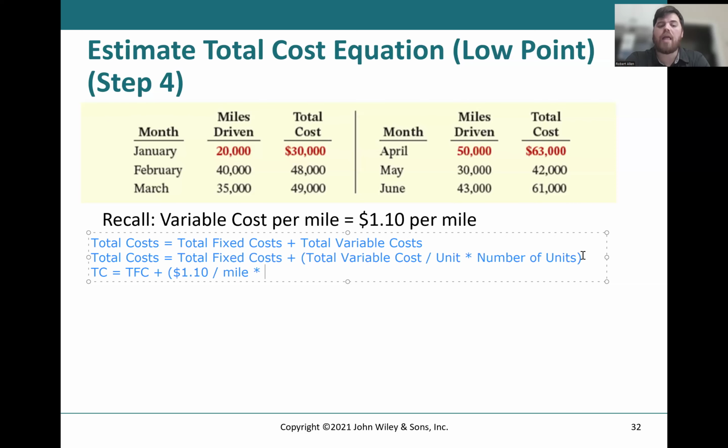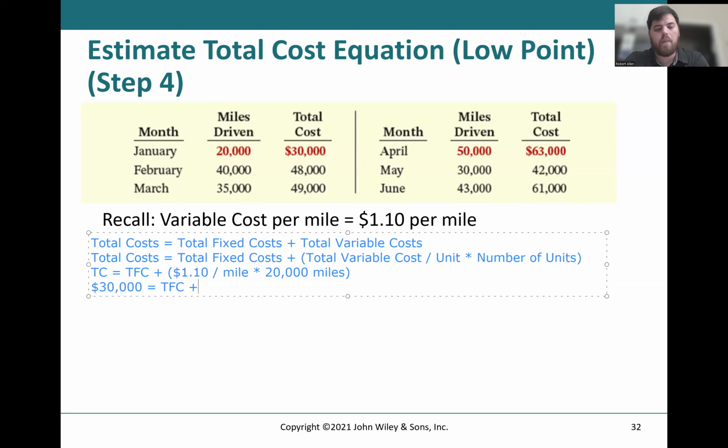times, and at the low point, we drove 20,000 miles. So in this case, I'll just plug in what I know. Well, I know total cost is equal at the low point to $30,000. So we'll say this is $30,000 equals TFC plus, and then if we do that math, 1.1 times 20,000, this will be $22,000.